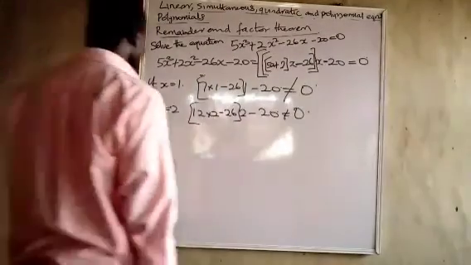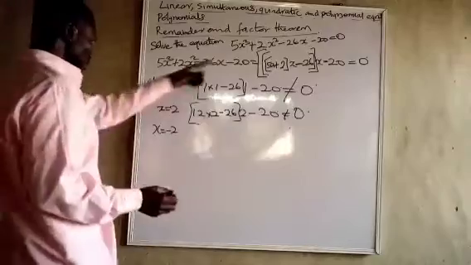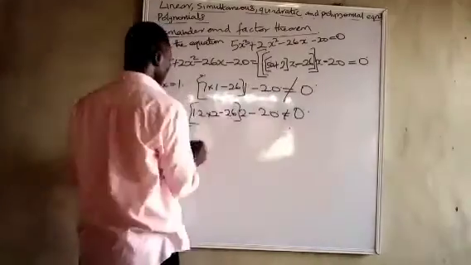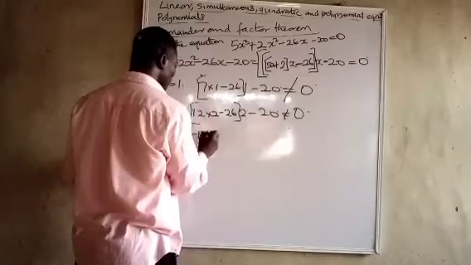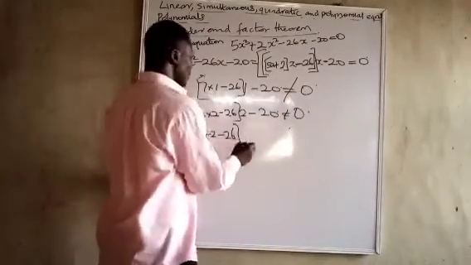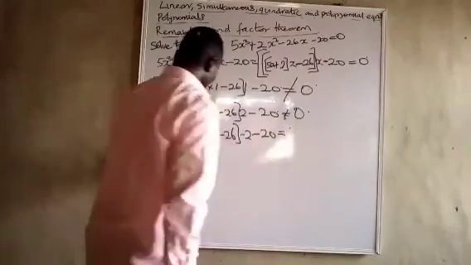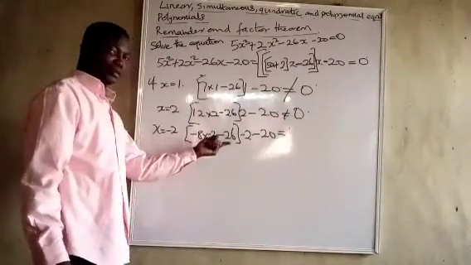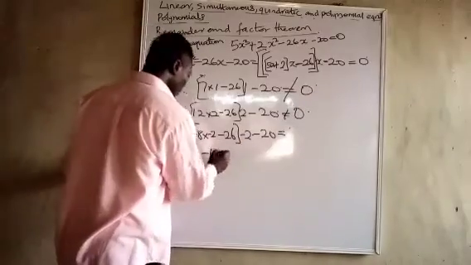Now, let's use x equals minus 2. I'm going to have minus 10 plus 2, that's minus 8. Minus 8 times minus 2, that is 16. Now, minus 26 times minus 2, then minus 20. 16 minus 26 is minus 10, minus 10 times minus 2.